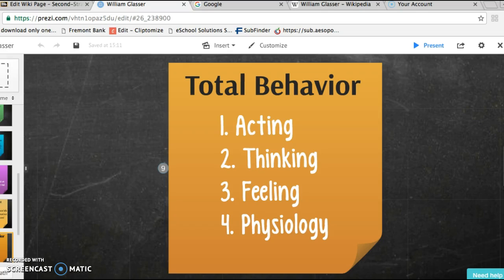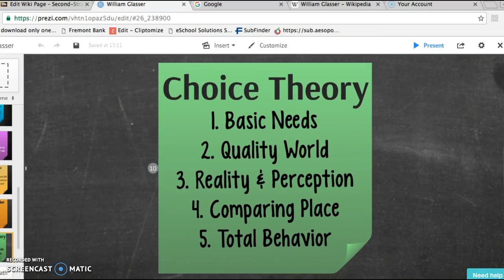This is based off what William believes our behavior is based upon and why we are the way that we are. With those 4 categories, he mixes in how behavior can be monitored and controlled. So that was basically choice theory.